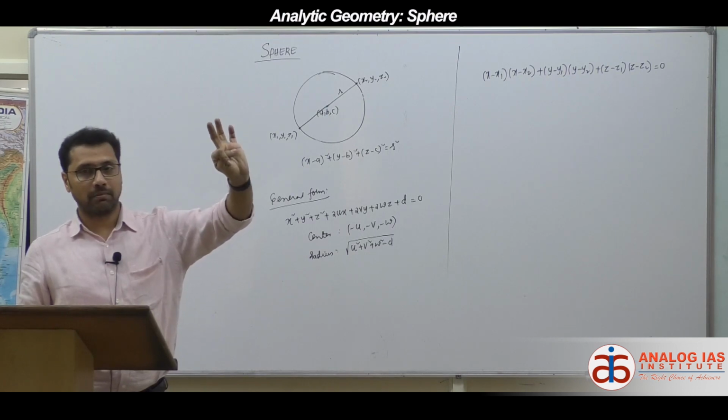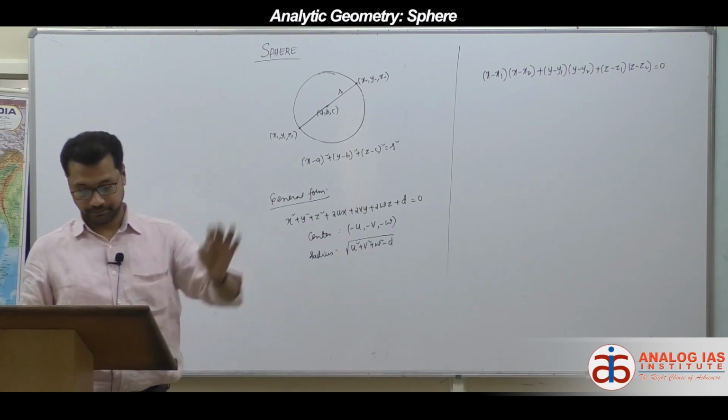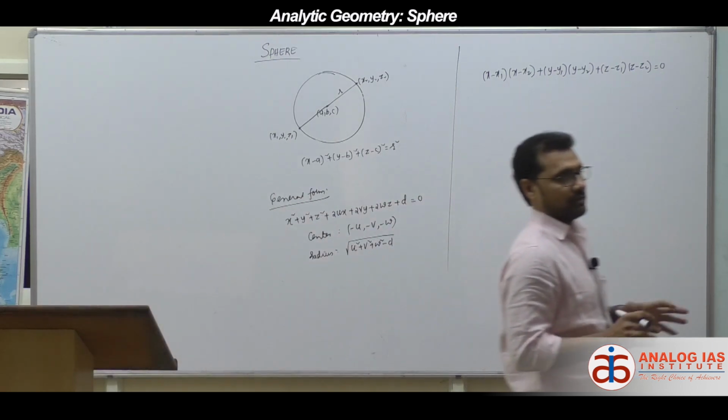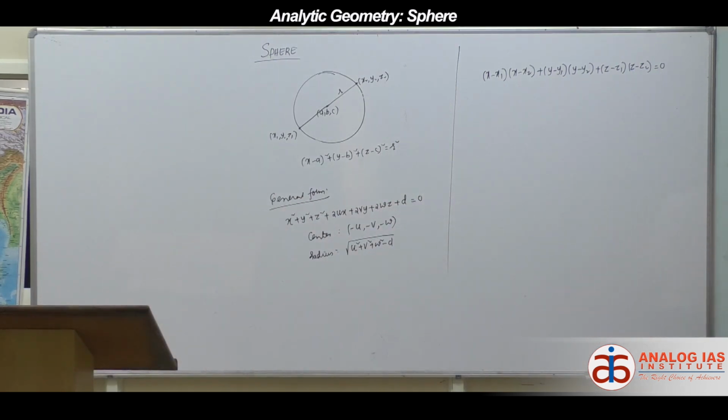Central form, general form, diameter form. Now, a very, very simple question for you. How many arbitrary constants are there in the general equation of a sphere? There are 4: a, b, c, r, or else u, v, w, d.